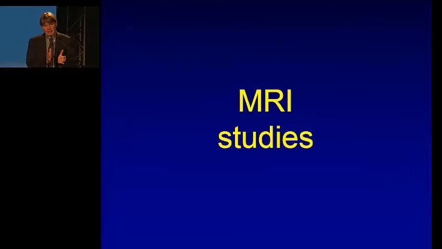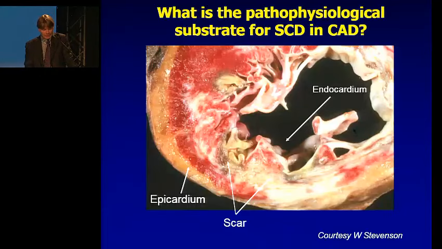Not only nuclear imaging worked in the field of looking at this border zone, it was also MRI that immediately picked up on this. And this slide I particularly like. It comes from Dr. Stevenson at Harvard, and it shows very clearly that we should think about the pathophysiological substrate for sudden death in coronary artery disease. You see in the middle the big scar, which is of course a trigger for ventricular tachycardias.